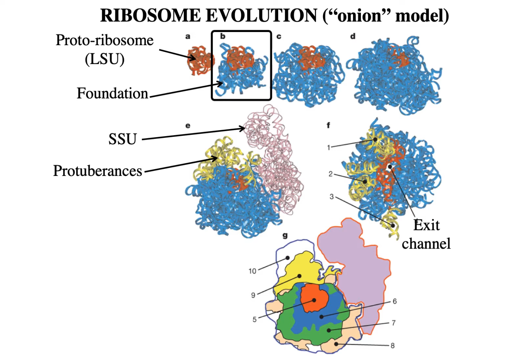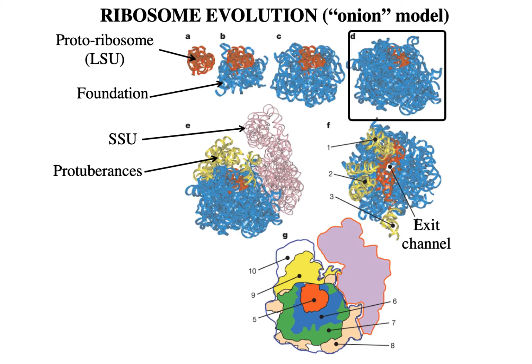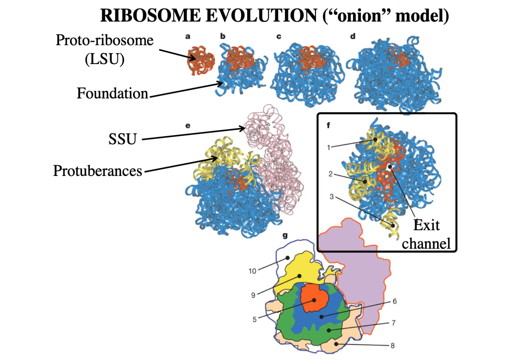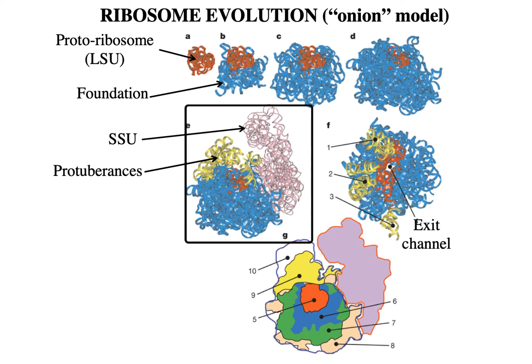Then regions were built up around that called the foundation, and little by little those got larger, and that included the A and the P sites, and eventually the E site. And then you have this ribosome becoming larger and larger. In this diagram down here, you have the large and the small subunit of the ribosome as well.